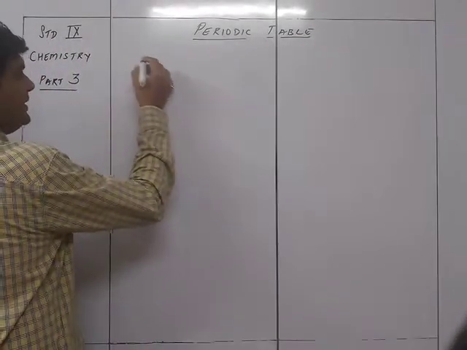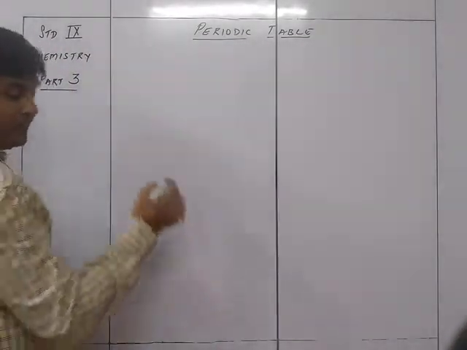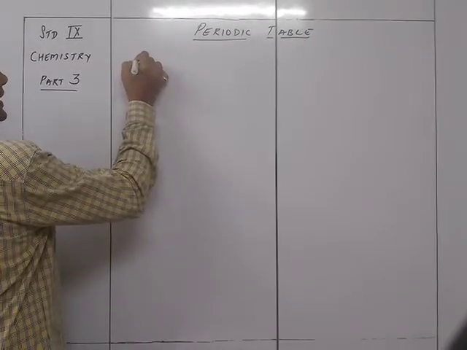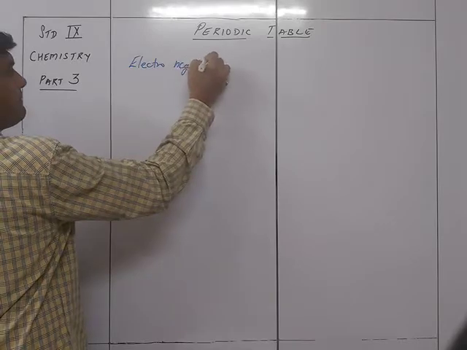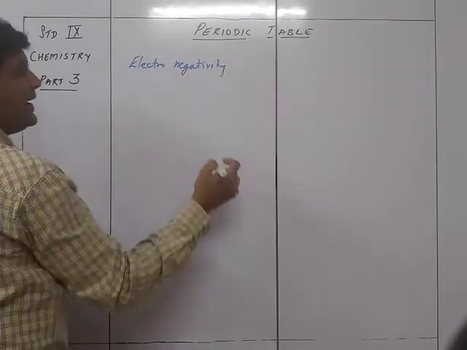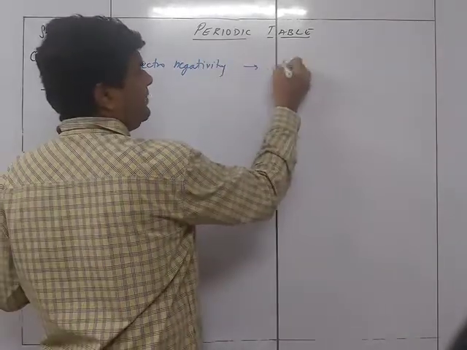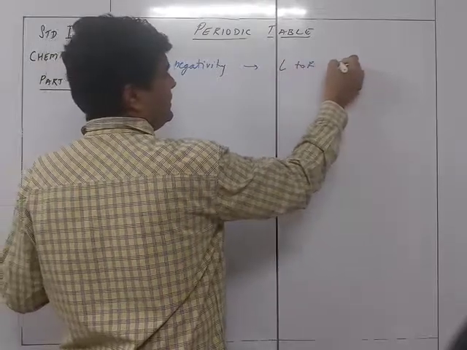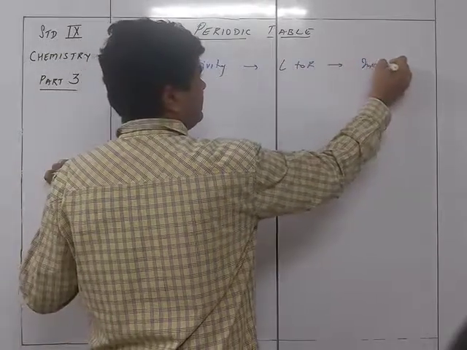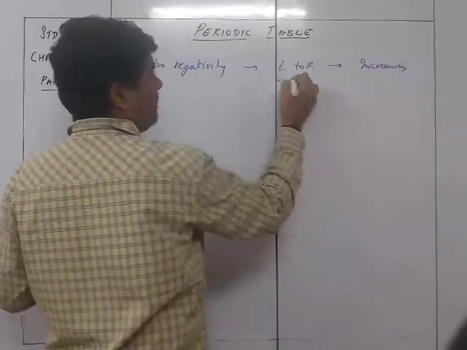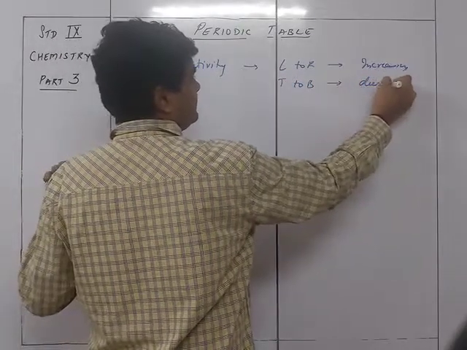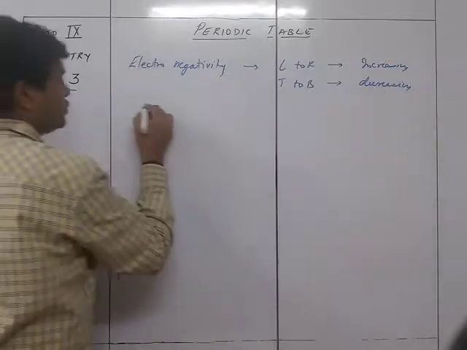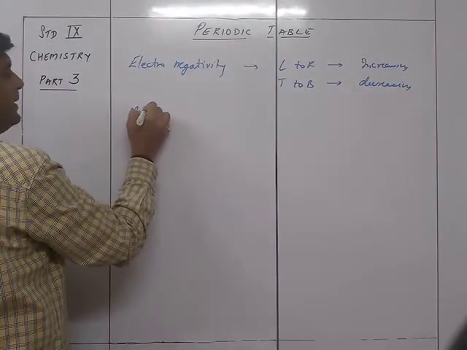The first one, as given here, is electronegativity. When I am going from left to right, it is increasing, and from top to bottom it is decreasing. The next is metallic character.